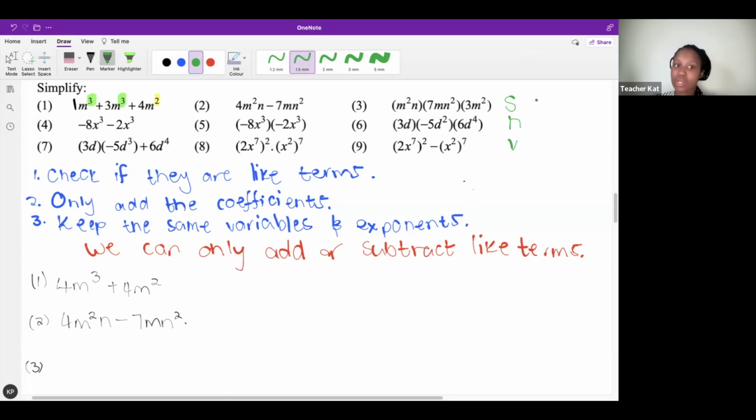Okay, Wade, I'm assuming Wade wanted to say sign, which is correct. The sign, and then N, number, and V, variable.